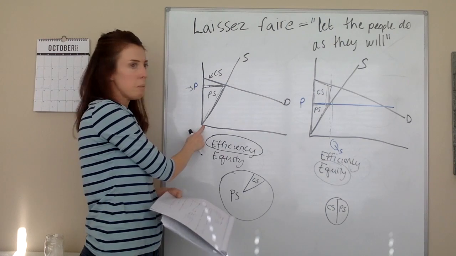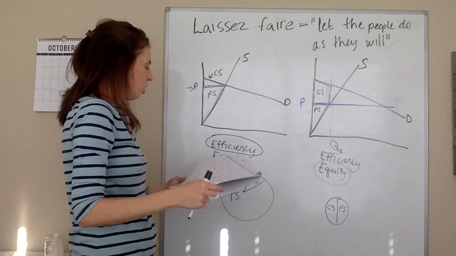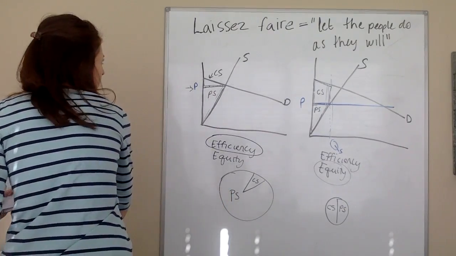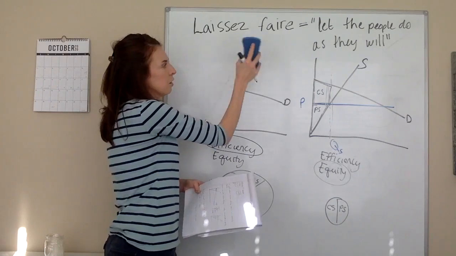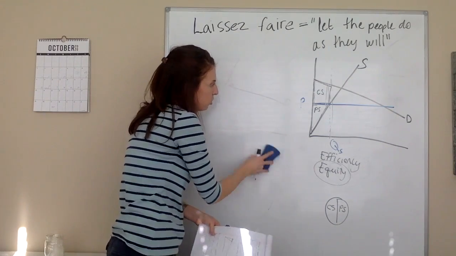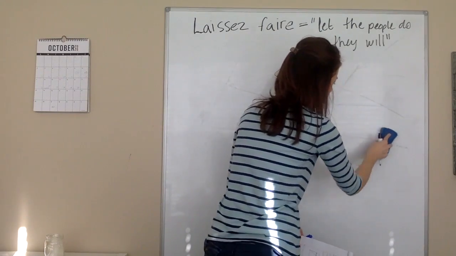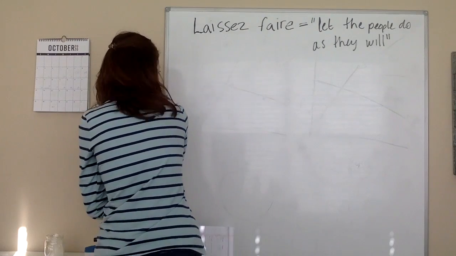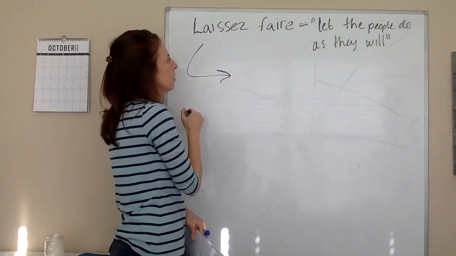Maybe you'll have equity, maybe you won't, but you're definitely going to have total surplus that's large. So if you hear anybody say that they're in favor of laissez-faire economics, basically they're a libertarian, and that just means they want to let the market forces go so that you reach the equilibrium and you maximize total surplus.